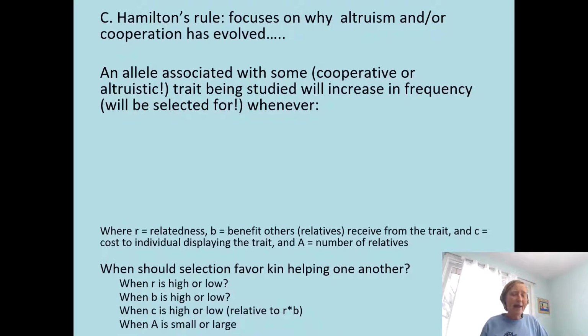All right? Hamilton came up with a rule that explains how altruism could have evolved, with math, basically. Here's what Hamilton said.